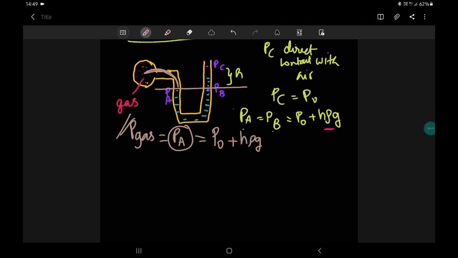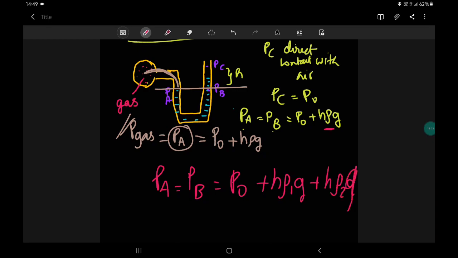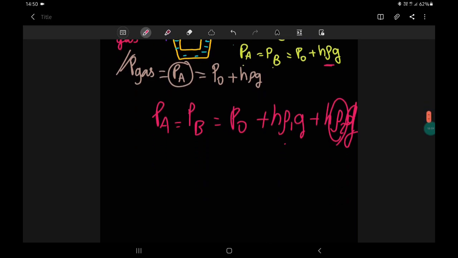So PA is equal to PB is equal to P naught plus H rho 1 G plus H rho 2 G. According to density, the lighter fluid will stay up and the heavier fluid will stay below. Suppose there are two different fluids, one with density rho 1 and one with density rho 2.